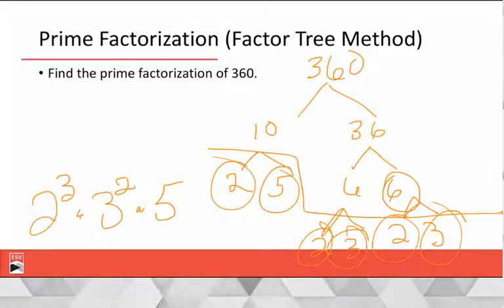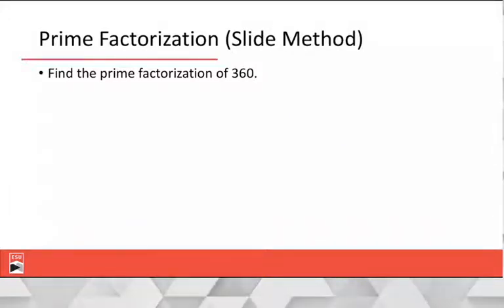And then we have what's called the slide method, right? You can see how that first method and that method really are the same because all of those numbers are precisely the same. But if we want to do the slide method, we use this upside down division sign. So 360, and let's say I'm going to take a 2 out because I know there's a 2 in there at this point, 180. Because 2 times 180 is 360.